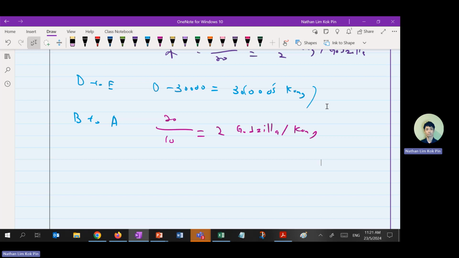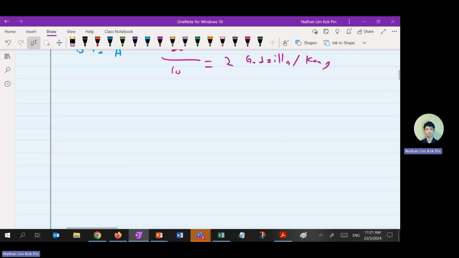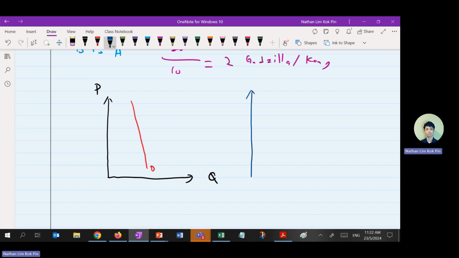If you look at the PED, this is inelastic demand. This is another way you can write. This is the elastic demand.